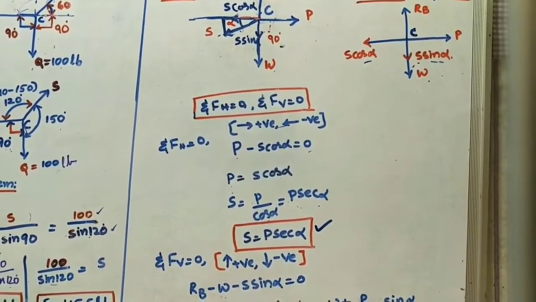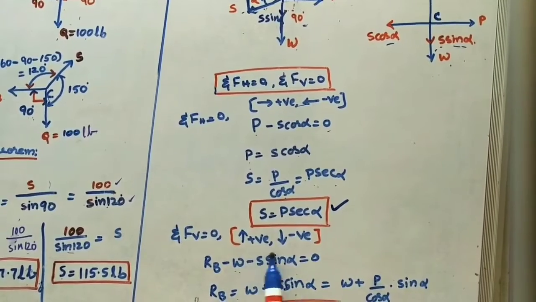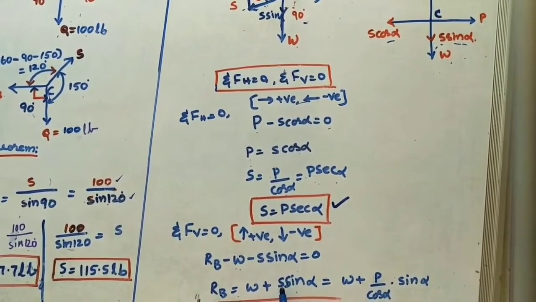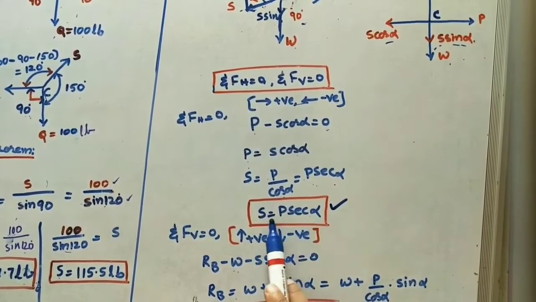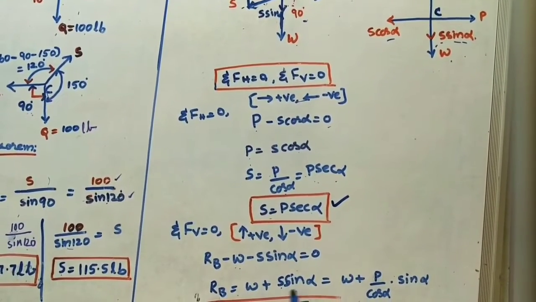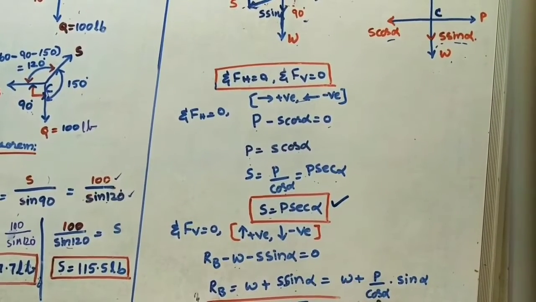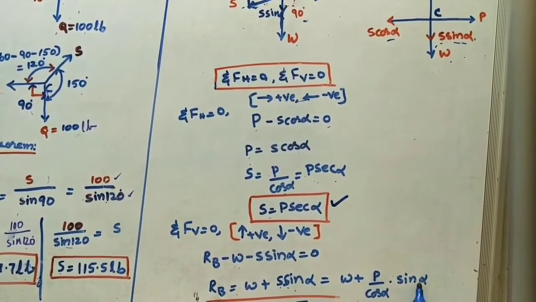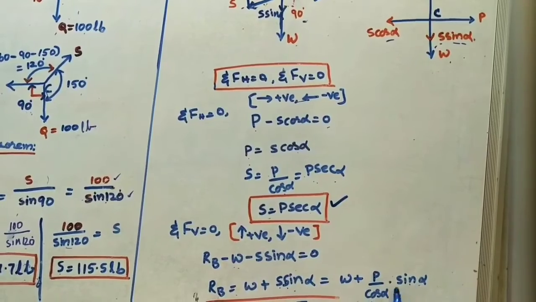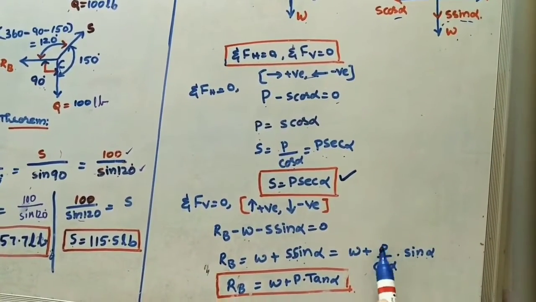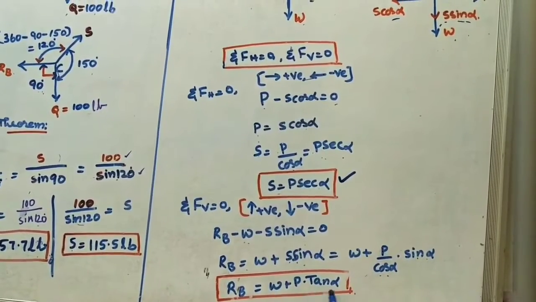Now RB is equal to W plus S sin alpha, these two terms go to that side. Now yes, we can substitute by using this equation. So what I am doing, W I am keeping as it is, plus S means P by cos alpha into sin alpha. So here sin alpha by cos alpha means tan alpha. So next is W plus P tan alpha.